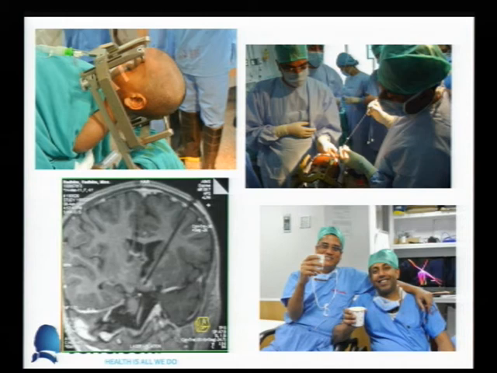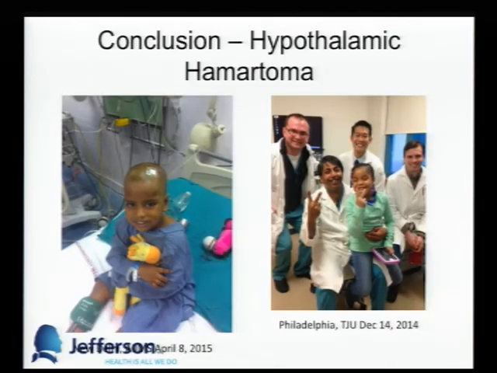That's Sarah and myself doing the surgery, having a cup of chai when we knew that the probe was in the right spot, and that's what she looks like 1 hour after the lesion in a hypothalamic hamartoma, right? Awake and smiling and happy. That's the picture of my first hypothalamic hamartoma patient that I did in December 2014.